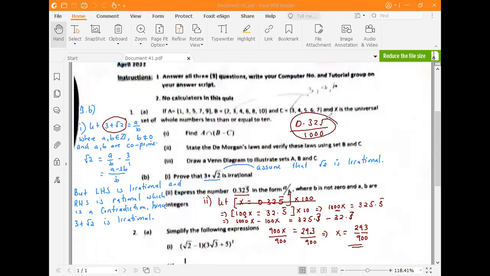Then you forget about the decimal point. So you have 325 over 1000. That's how you change it to a fraction. You only do the long method when there's a bar.